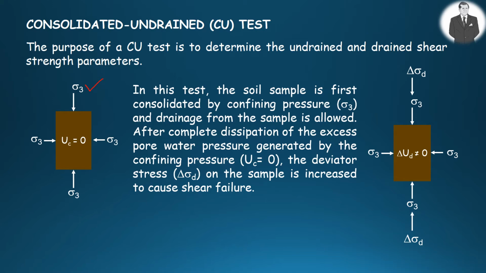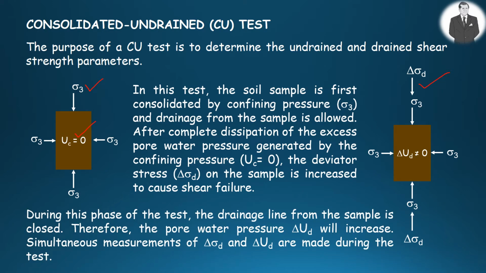After complete dissipation of excess pore pressure developed by the confining pressure, the deviator stress is applied to the sample and increased until the soil fails in shear.